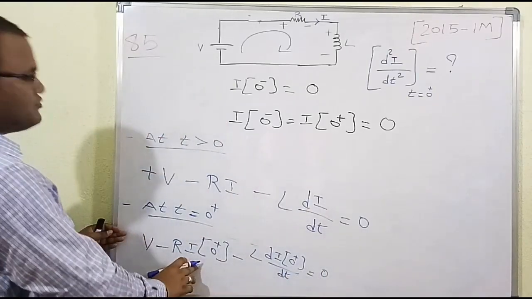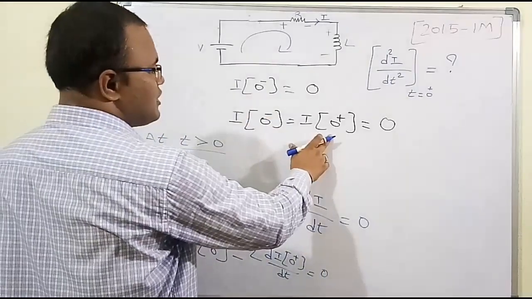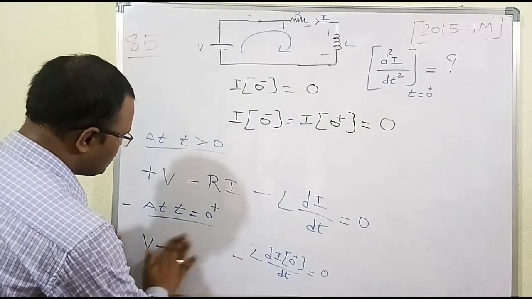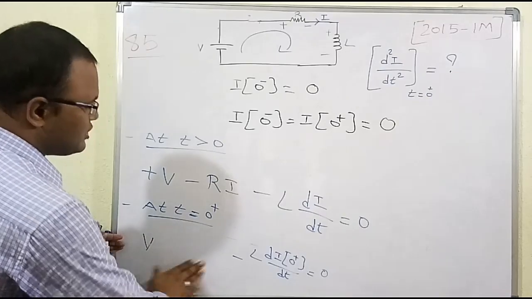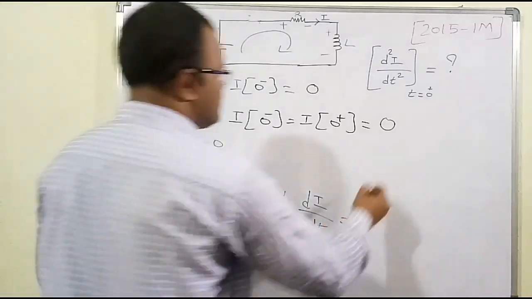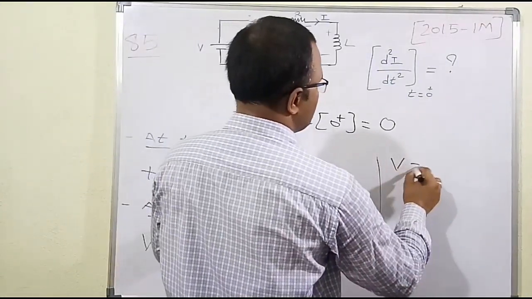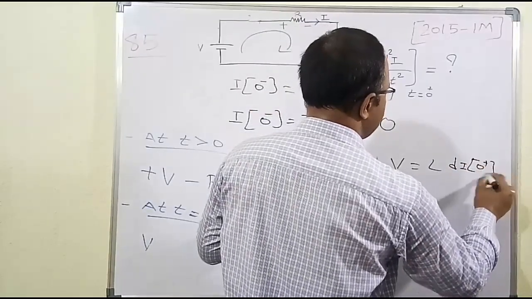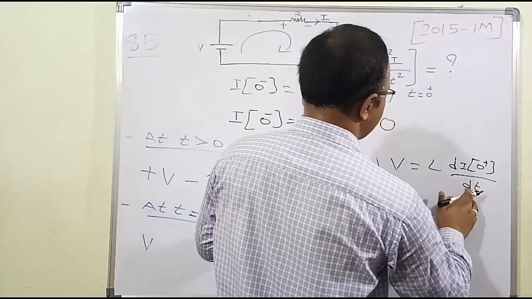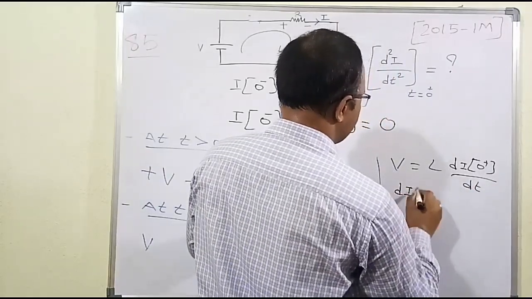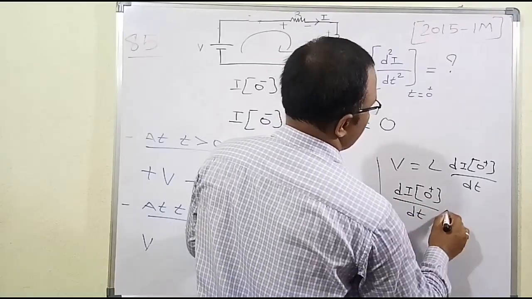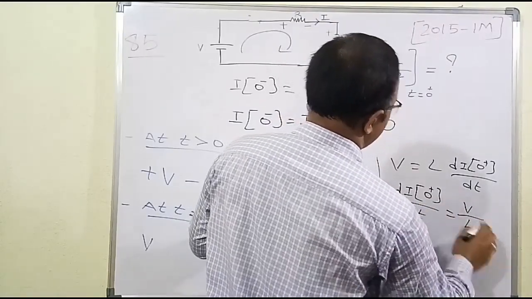But I of 0 plus is already given, which is 0. So this term will become 0. So V is equal to L di of 0 plus by dt. Therefore di of 0 plus by dt is equal to V by L, which we got.